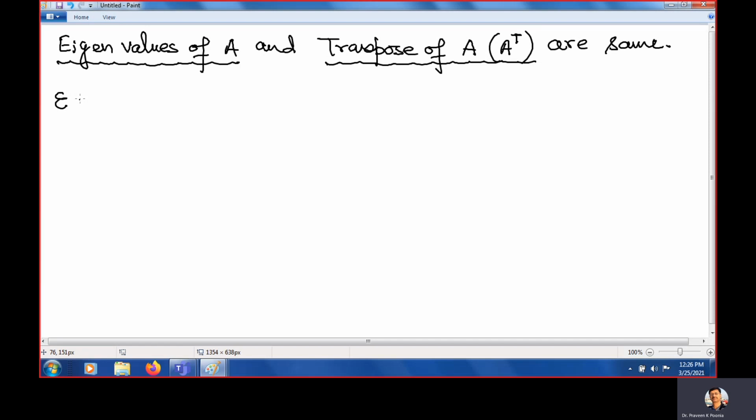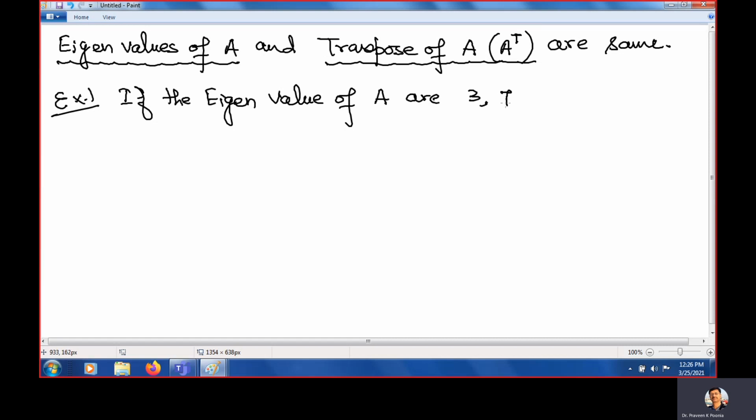So for example 1, if the eigenvalues of A are 3 and 7, clear?